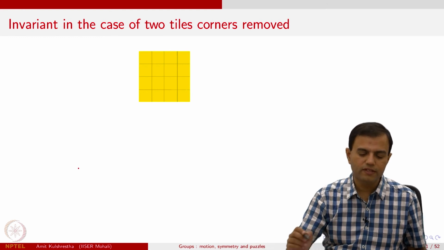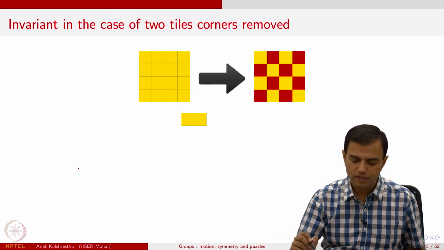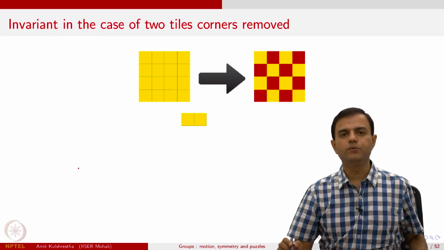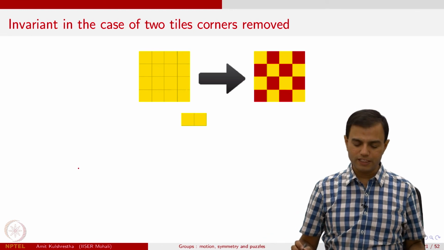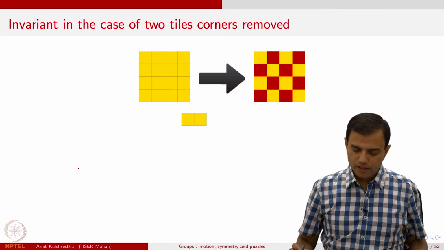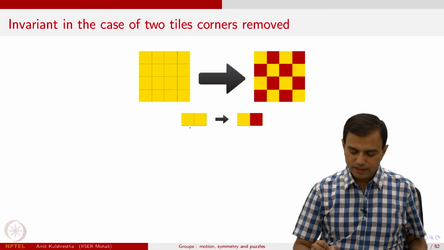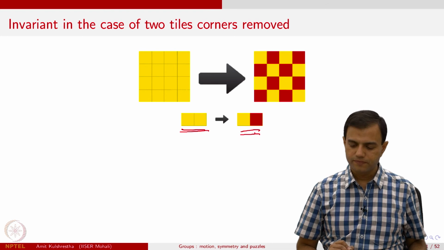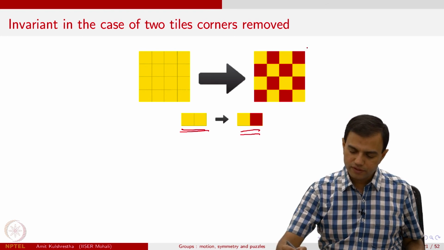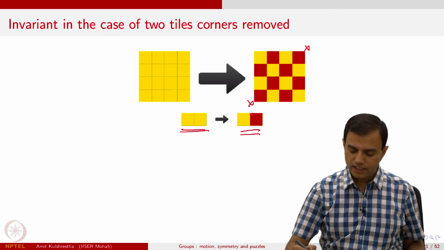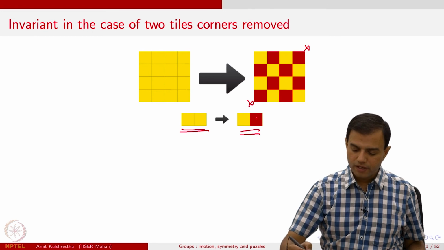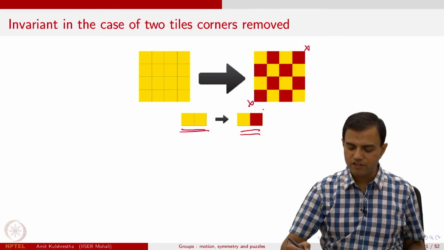So in the case where two corners were removed, what can we do? We can use colors, and I am going to mathematically express that. So rather than seeing it like this, I could have seen it like this. And when corners are removed, this corner is gone, and when this corner is gone, if I want to tile it with tiles like this, then the number of yellow tiles should be the same as the number of red tiles.